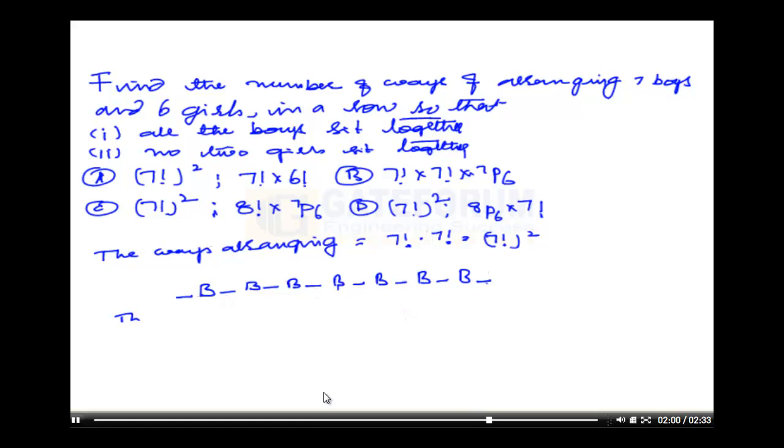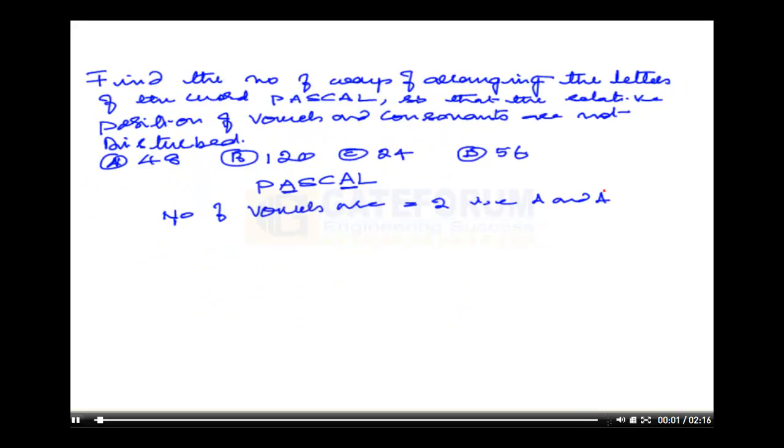Therefore the number of ways of arranging 6 girls in 8 places is 8P6, and these 7 boys can also be arranged among themselves in 7 factorial ways. Hence the answer is D.